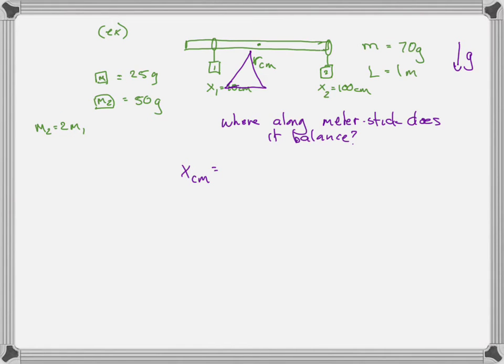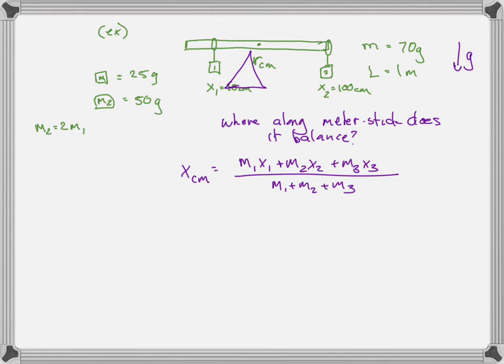X center of mass is equal to, there are three masses here: M1, M2, and M. So X center of mass is M1 X1 plus M2 X2 plus M3 X3, over the total mass, M1 plus M2 plus M3. That's just the definition of center of mass.